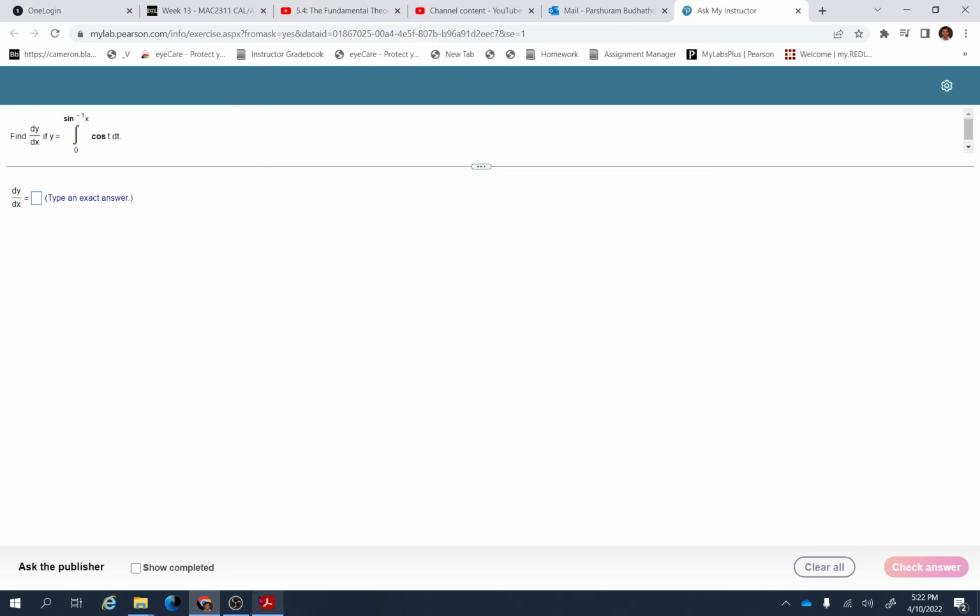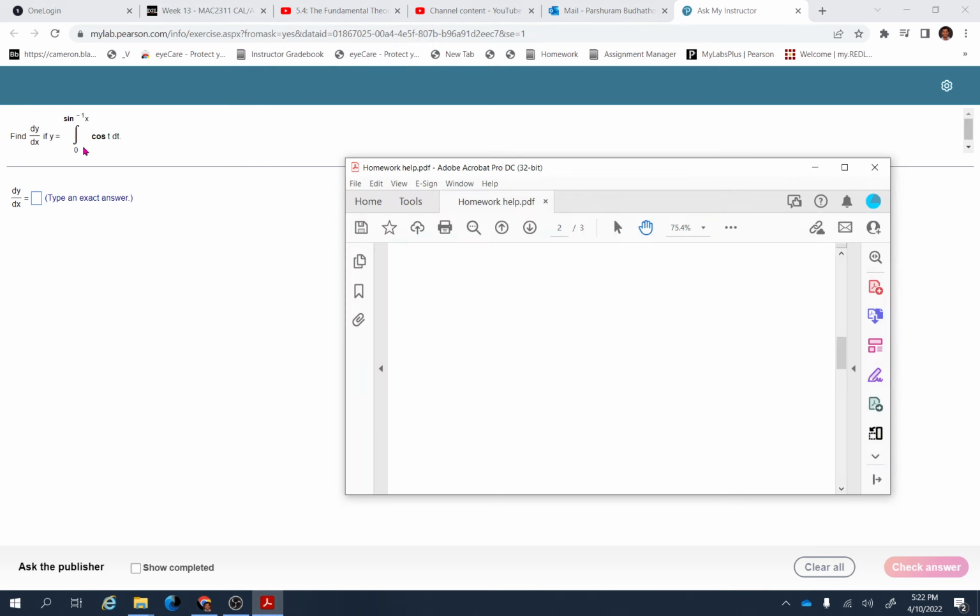Okay, so here, to find the derivative of y with respect to x, first find out what y is. And here, as you can see, y is the integral of cosine t dt, from 0 to sine inverse of x.